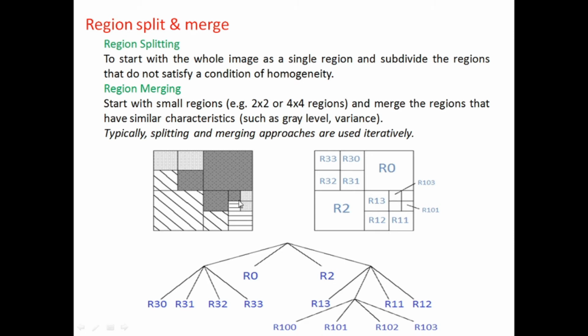This region has some kind of dissimilarities among its pixels, so again we split it into R100, R101, R102, R103. In this manner the splitting procedure is repeated successively until we split the image into homogeneous regions.